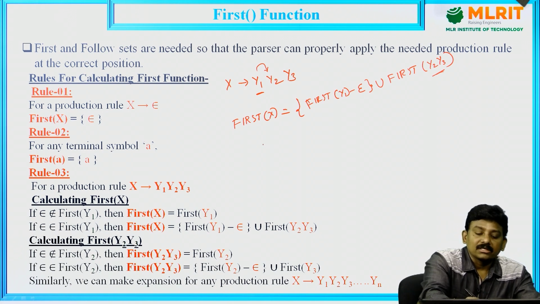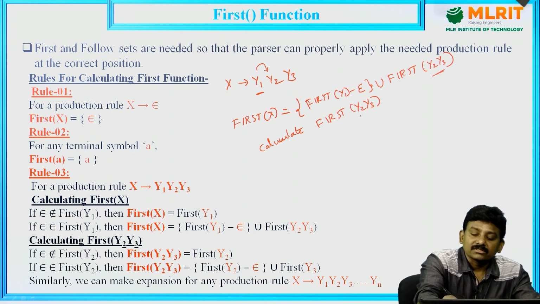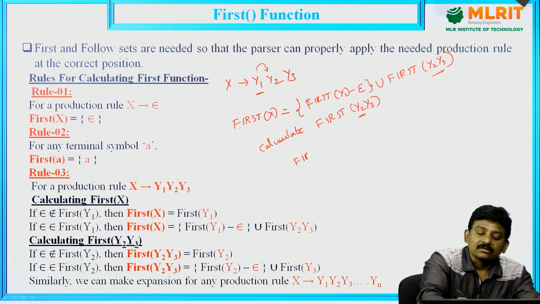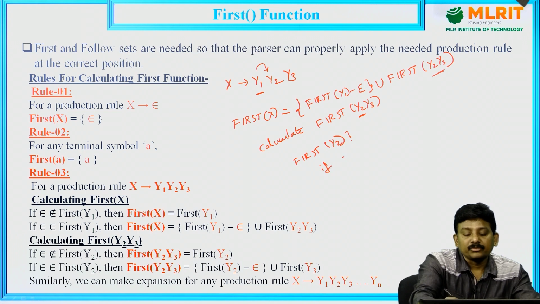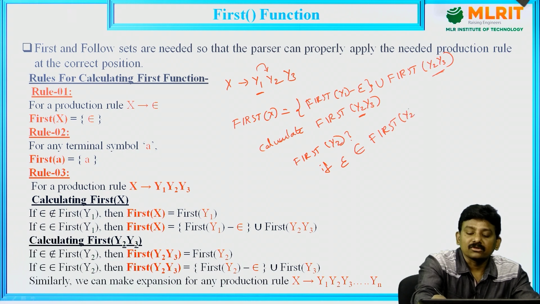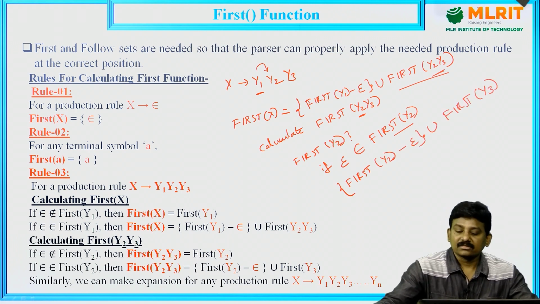So now we have to calculate first of Y2, Y3. The first symbol is Y2, so you calculate first of Y2. If epsilon belongs to first of Y2, you exclude epsilon from first of Y2 and take the union with first of Y3, that is, first of Y2 minus epsilon, union first of Y3.